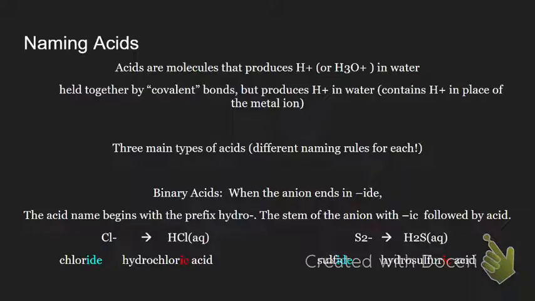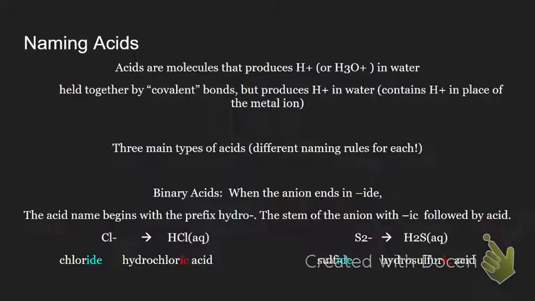So for example, here we have chloride. When chloride reacts with a hydrogen plus 1, it's going to make HCl. So since that's a binary acid, we would call that hydrochloric acid. So we drop the "ide" and we put "ic" acid.